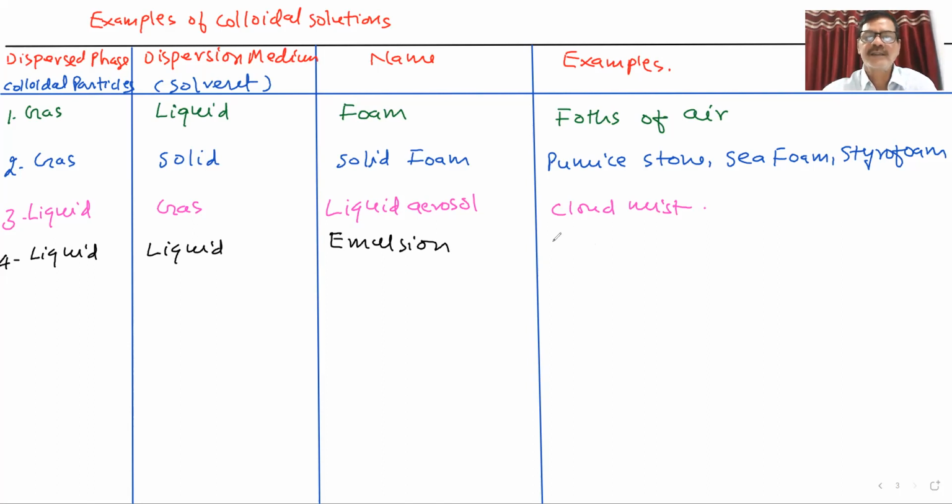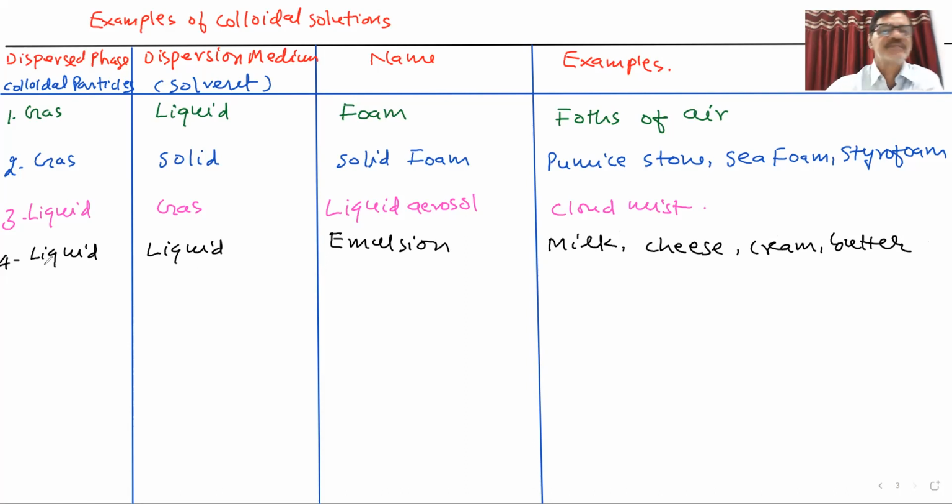And here example is what? Milk, cheese, and cream, butter. All these are the examples of emulsion of liquid and liquid.